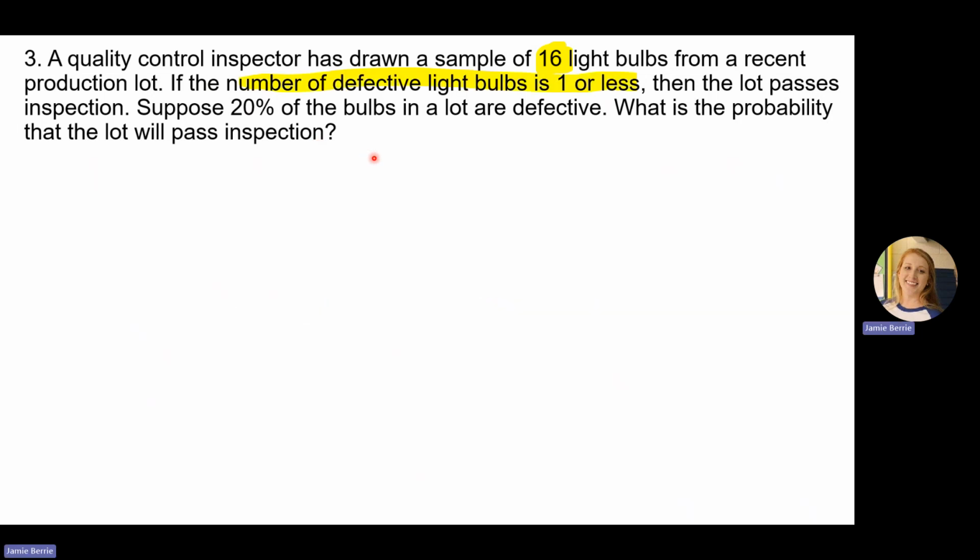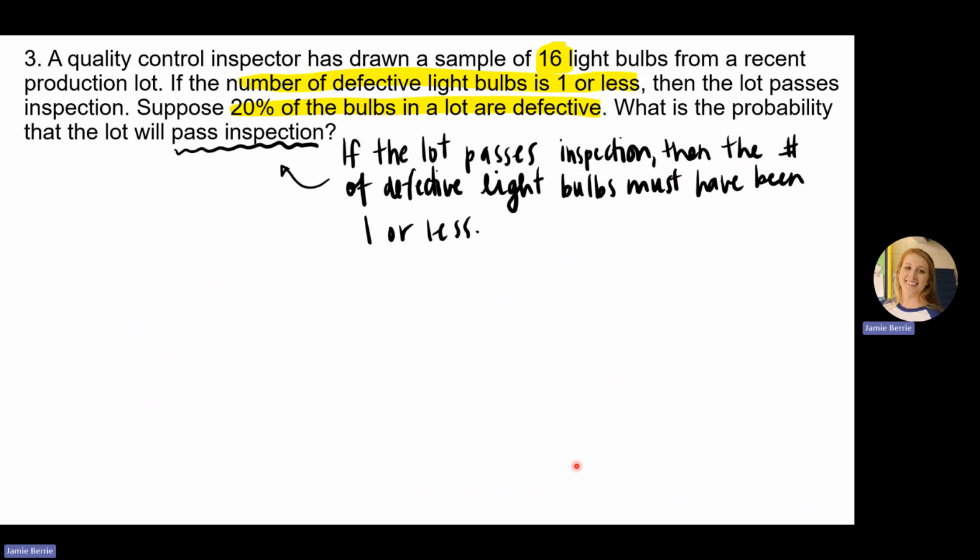All right, so we've got a lot of information here. If the number of defective light bulbs is one or less, then we pass inspection. In reality, 20% of bulbs are defective. Now, here's the wording that I find a little bit complicated. What's the probability that it passes inspection? We've got to reframe this and think, what does passes inspection mean?